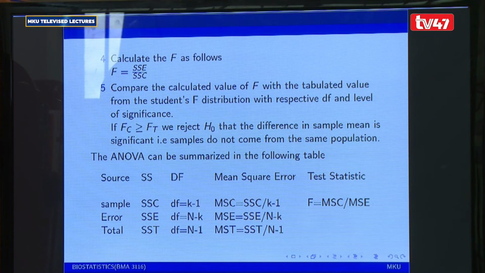Then you get the mean square, which is the sum of squares divided by the degrees of freedom: mean square due to samples, mean square due to error, and mean square due to total, which is SST over the total number of observations minus 1. Then you calculate the test statistic F as MSC over MSE.